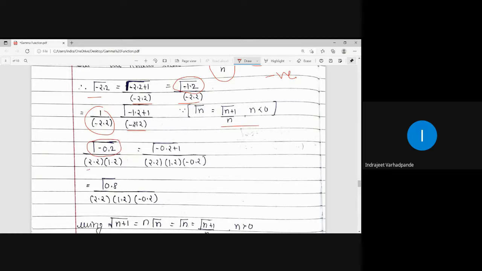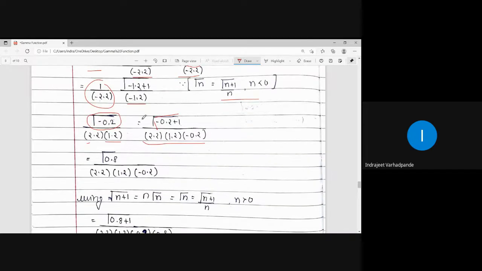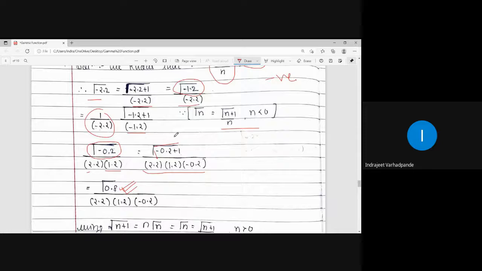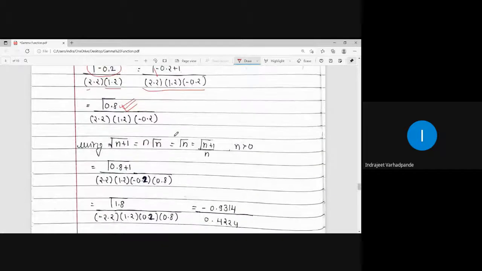Minus into minus will become plus. So 2.2 into 1.2. Again negative, add 1. So it is giving you gamma of minus 0.2 plus 1 upon minus 0.2. Product of all these three. 1 minus 0.2 is 0.8, and gamma 0.8 is given to you, as gamma 1.8 is provided.